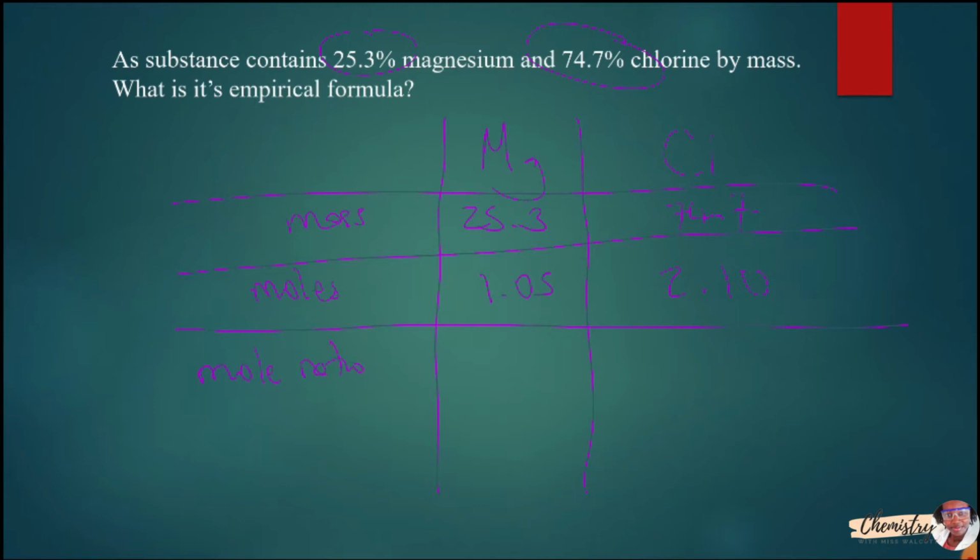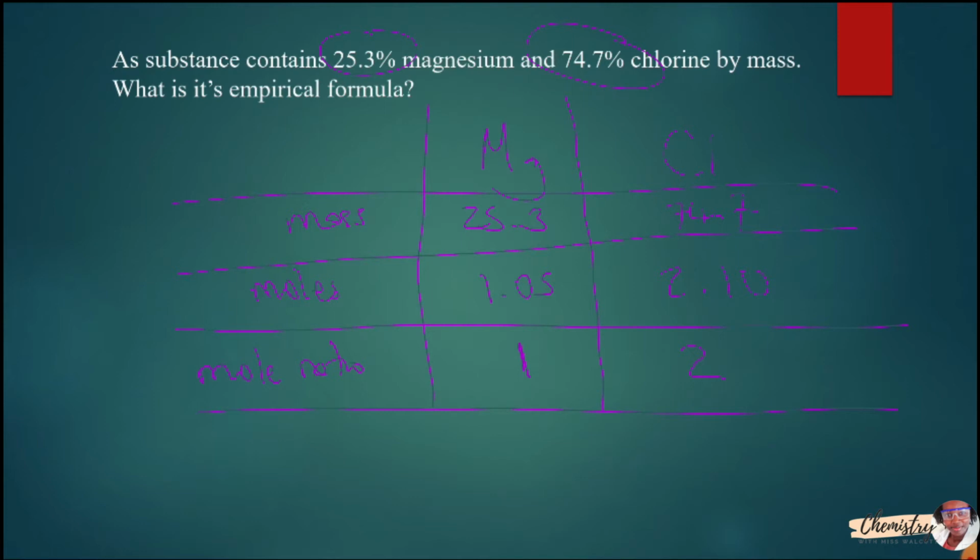And to determine the mole ratio, we would divide both numbers by the smaller number. In this case, the smaller number is 1.05. So if we divide it by itself, we get 1. And if we divide 2.1 by 1.05, we would get 2.